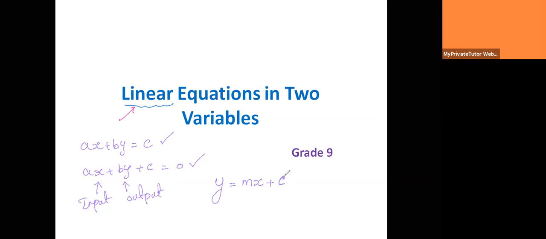In some countries we use c, in some countries we use b, where m is the slope or gradient, x and y are the input and output, and c is the y-intercept, guys. So these are the basics.